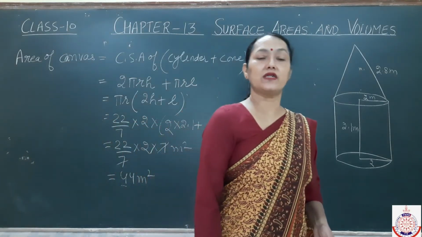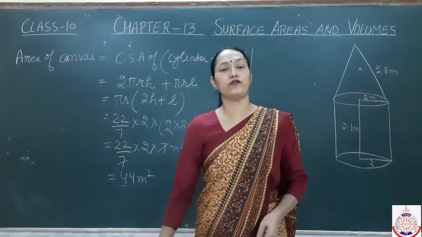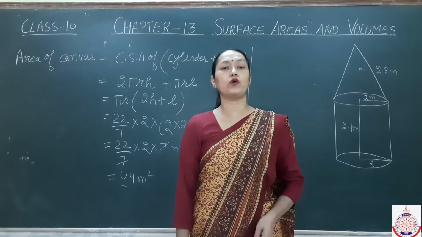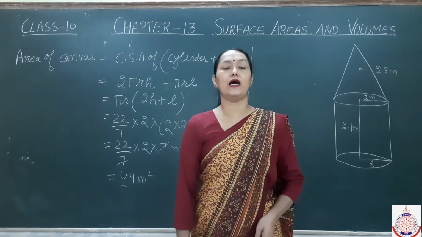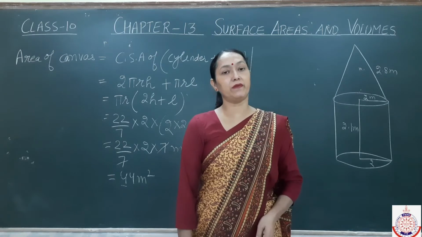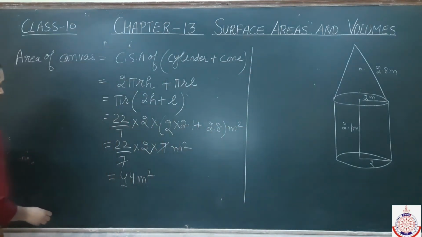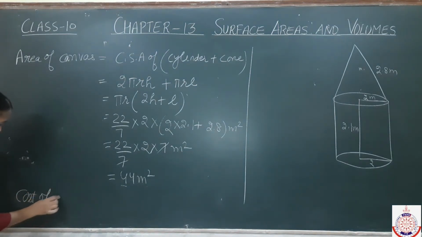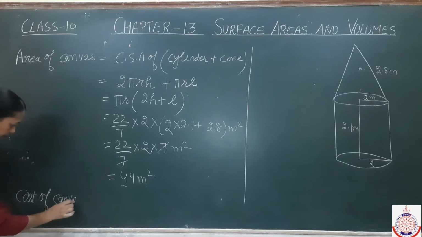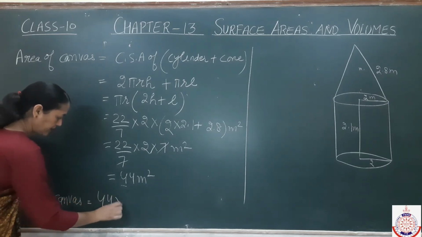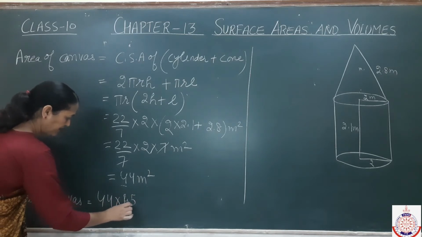In the question it was written that after finding the area of the canvas, also calculate the cost of the canvas at the rate of rupees 500 per meter square. So the cost of canvas will be area into rupees 500.